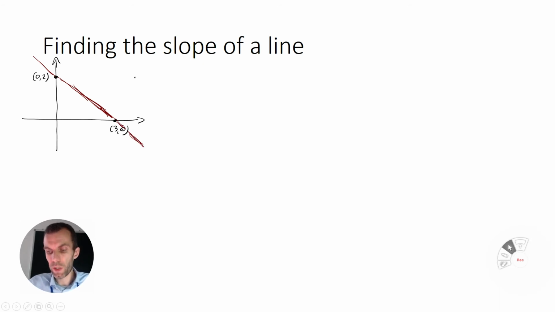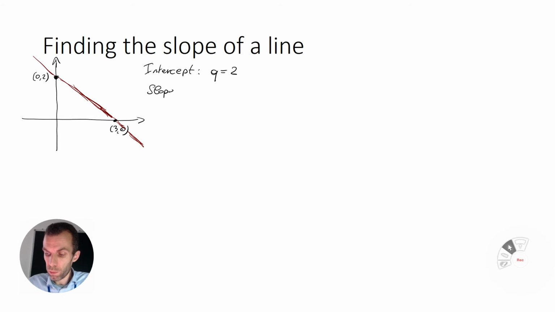So there's a couple of things that we can read off already from the figure. So for the intercept, I know that the line hits the y-axis with y-coordinate 2, so the intercept is equal to 2.